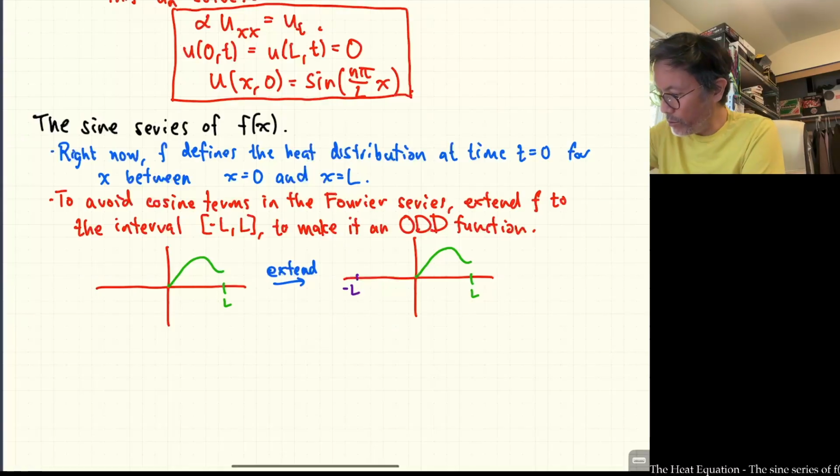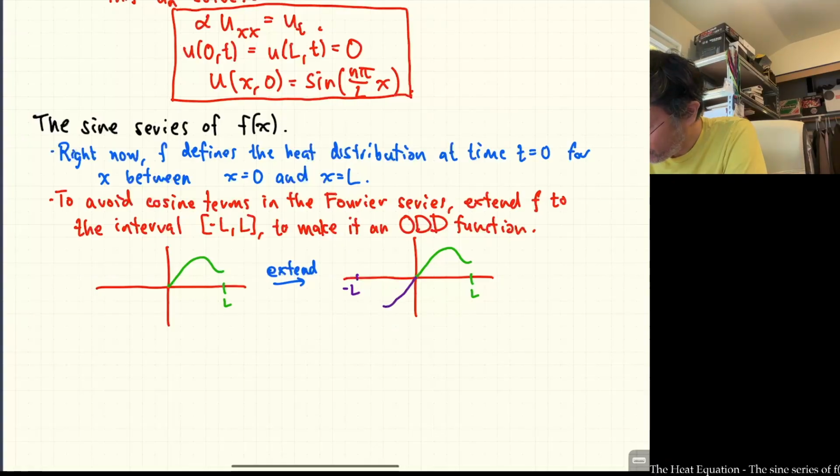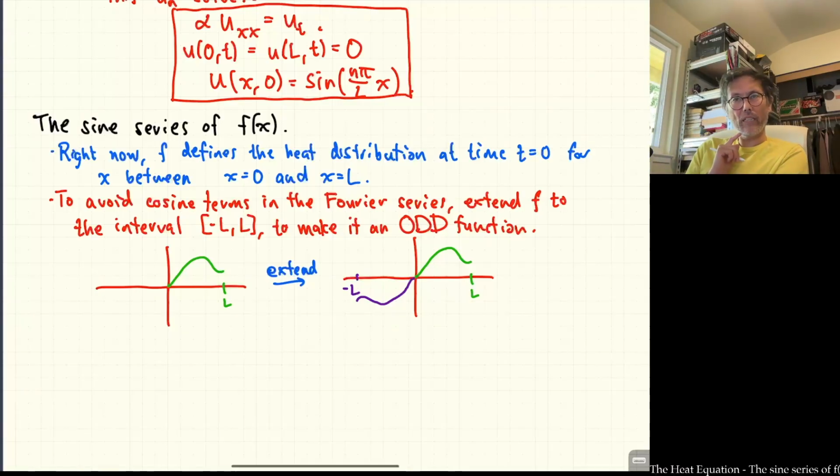If I do that rotation and I carry this green curve with me, I'm going to get something, and you're going to have to deal with my bad drawing skills, that looks something like this. Oh my gosh, I'm not happy. Like that. Okay, that looks pretty good.